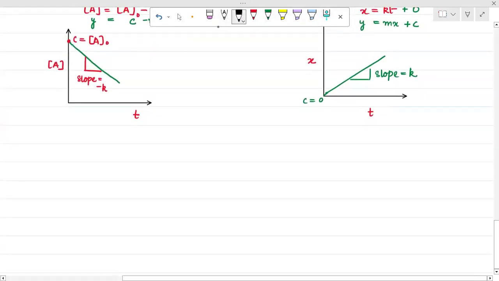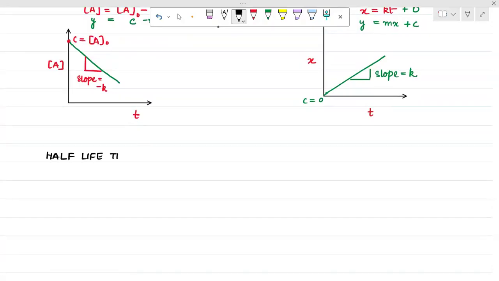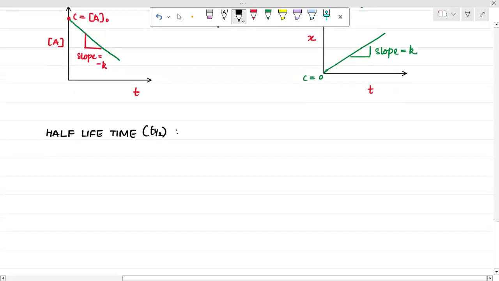Write the next heading, half-lifetime, T half. You can write a definition. Now this half-lifetime will come for zero order, first order, second order, third order, everything. So we won't be writing the definition every time. One time we'll write and then you have to register it in your brain, okay?